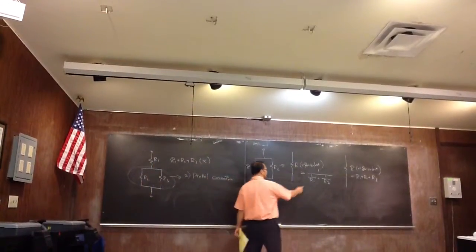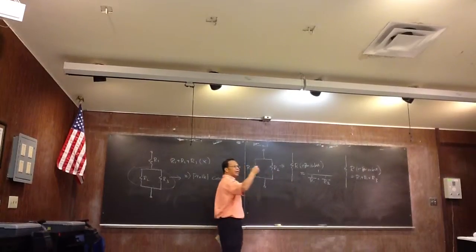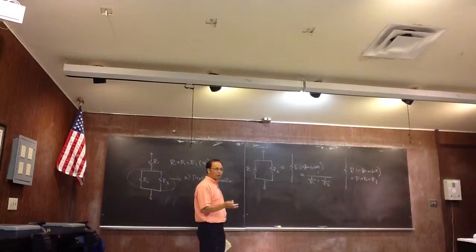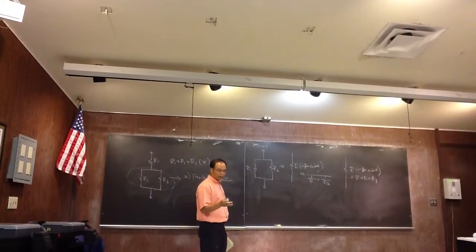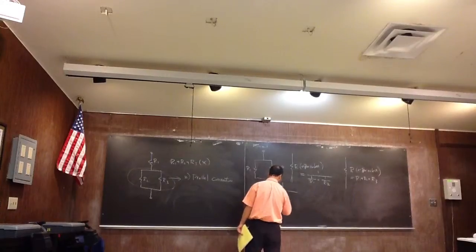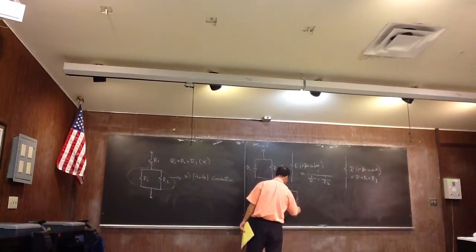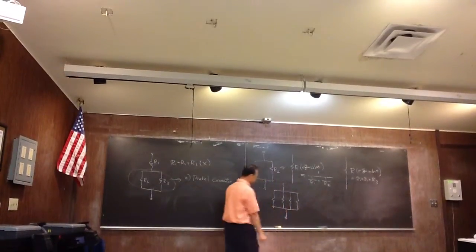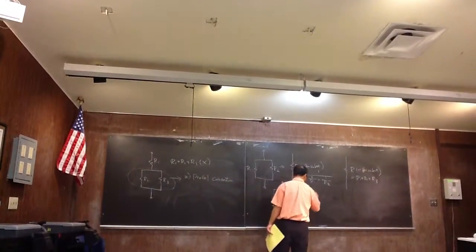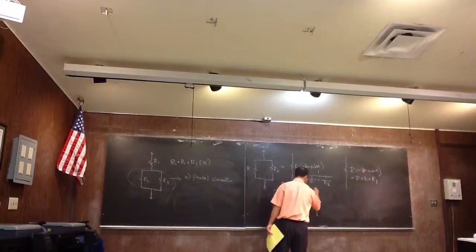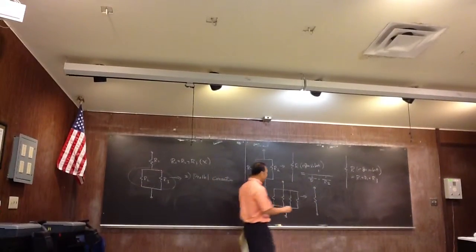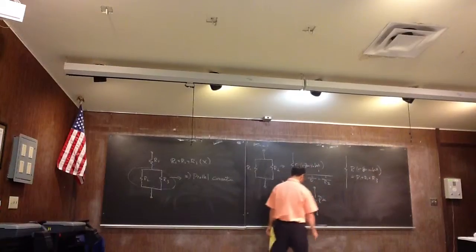And again, the formula applies to any number of the components in parallel. For example, if I have 4, then it can become a single resistor, and that R is equal to what?